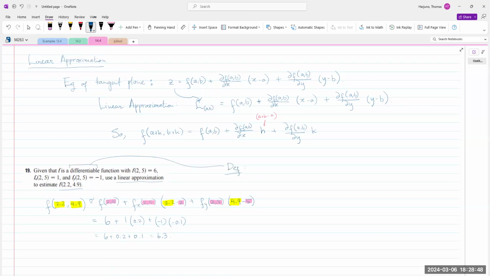Definition: f(x, y) is differentiable at coordinate (a, b) if f sub x of (x, y) and f sub y of (x, y) exist near (a, b), maybe not at (a, b), but exist near (a, b), and are continuous at (a, b).